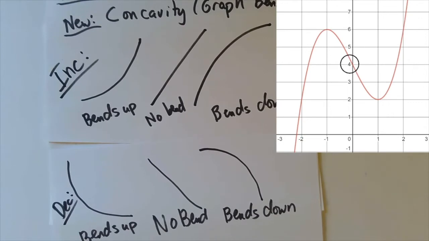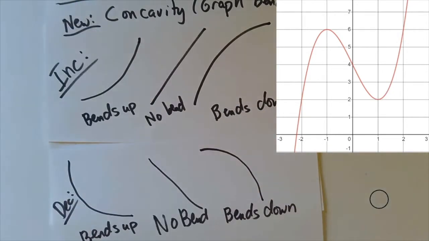Now, here we go with decreasing but bending up, and then increasing and bending up. So this graph here has all four of these flavors put together. And so if you figure out both how the graph bends and whether it's increasing or decreasing, you get a pretty good idea of what the graph is going to end up looking like at the end of the day.